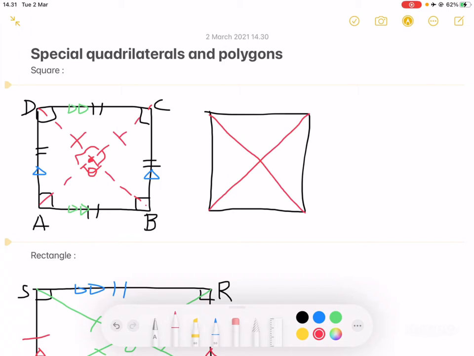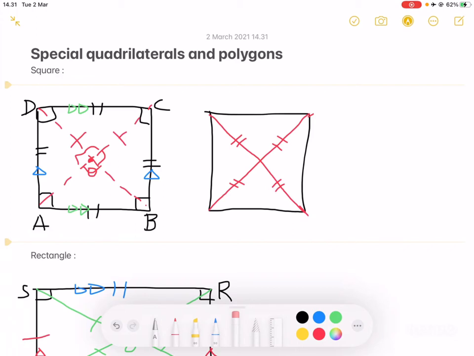I'm just going to call this diagonal D1 and this diagonal D2. Diagonal D1 bisects D2 into 2 equal parts, and diagonal D2 bisects D1 into 2 equal parts, and these 4 diagonal line segments are all equal.